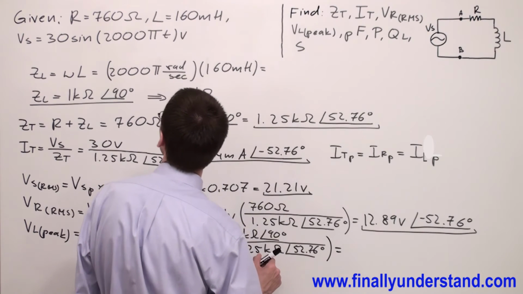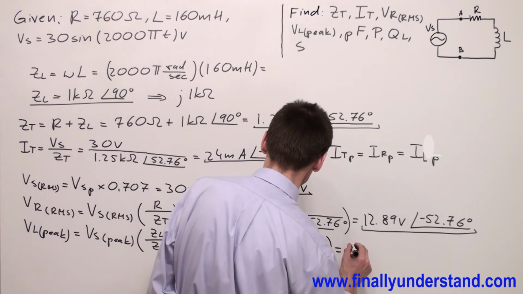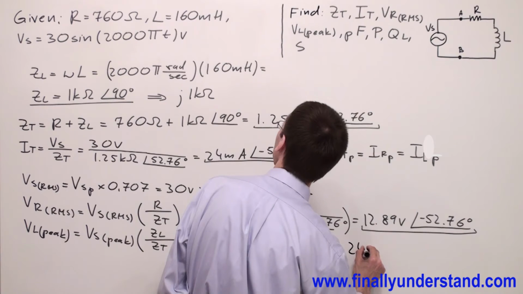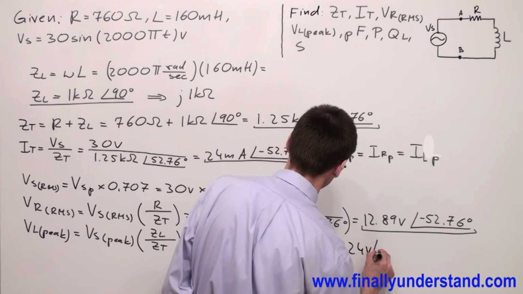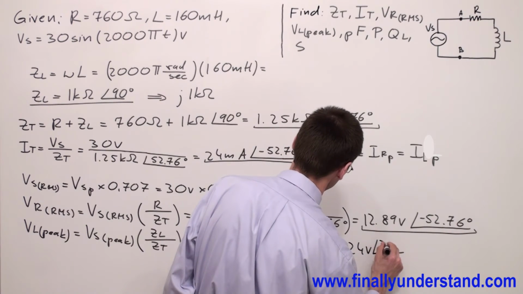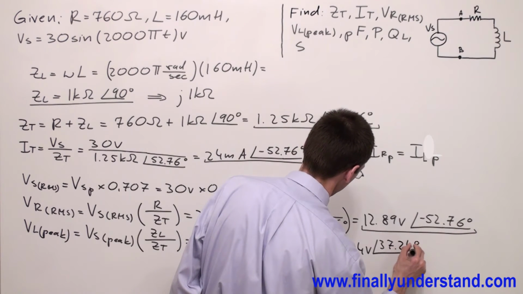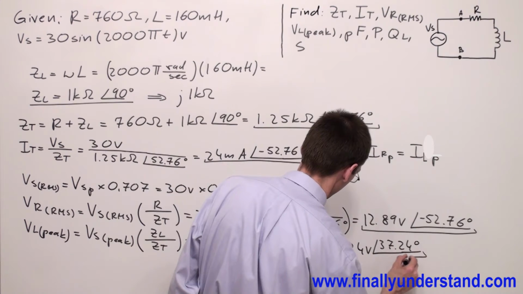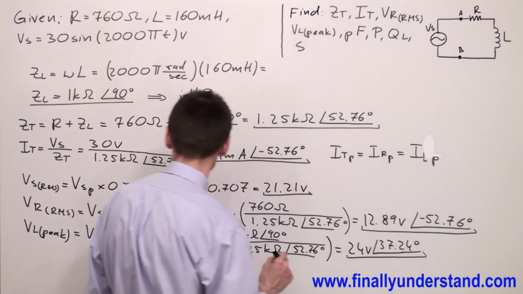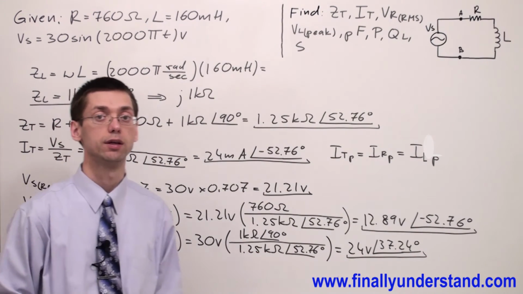This is equal to 24 volts, an angle of 37.24 degrees. This is the voltage peak across the inductor.